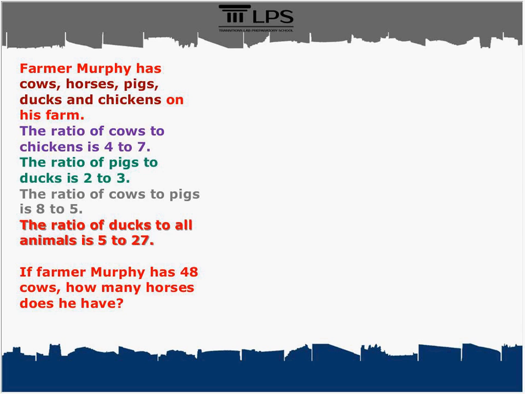Okay, I will give you a small hint initially. You should start the problem. Cows to chickens is 4 by 7, so 4 divided by 7. I already know the number of cows is 48.